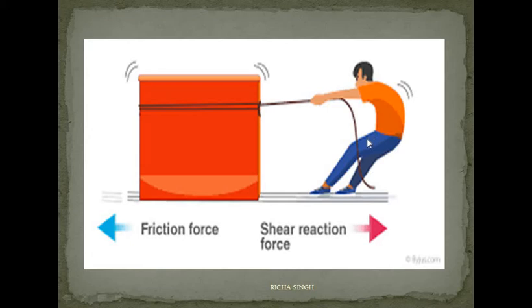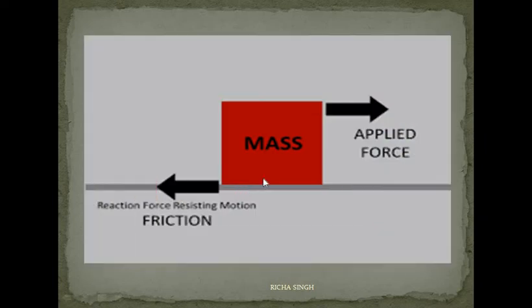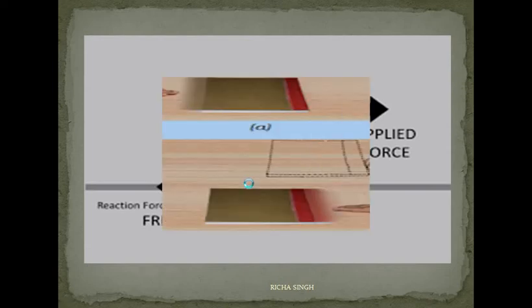So what will be the direction of friction? The friction force will be acting in the opposite direction. One more slide for this. This is the mass on which the force is being applied from this direction. So the friction which is not allowing this object to move will be from the opposite direction.